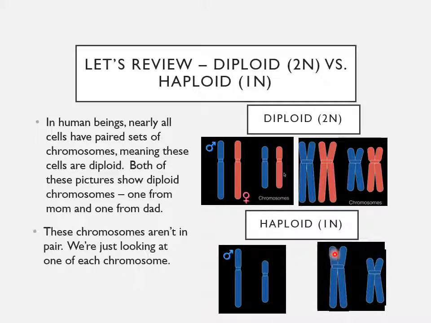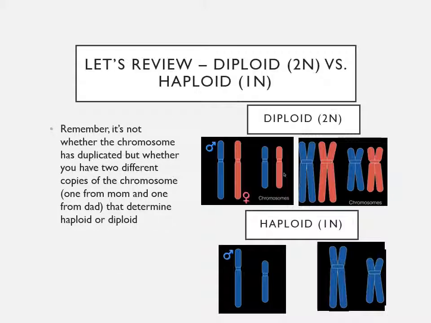So it's easy to get confused and see this double structure and think that that might be diploid. That's not the case. Whether you have two sister chromatids together or not does not make diploid or haploid. It's whether you have a copy from dad and mom that is diploid. Dad only is haploid. So this is haploid. This is also haploid because there's only one set of each copy from dad in this example.